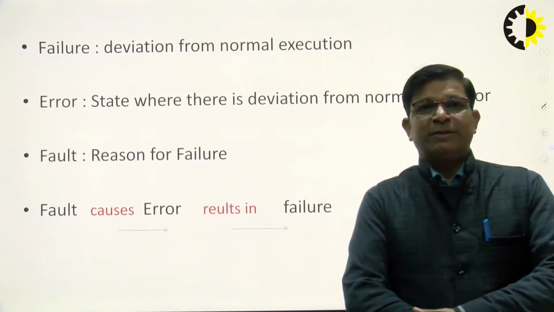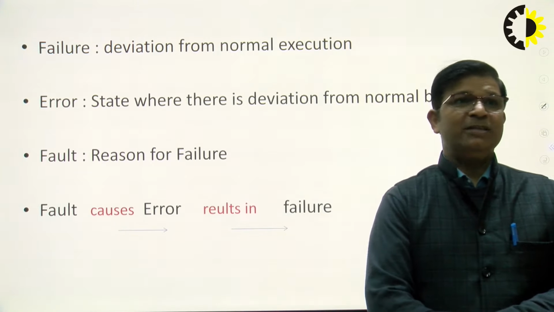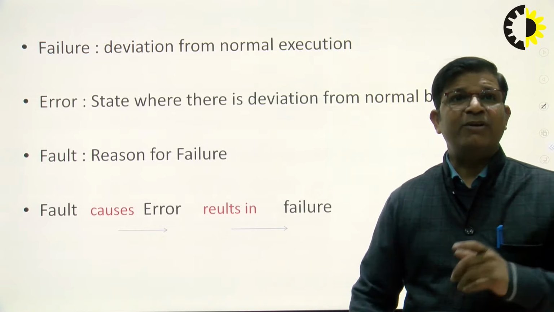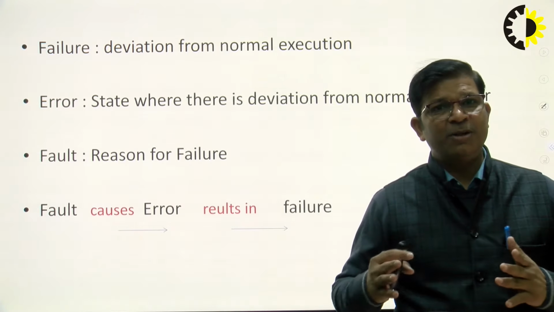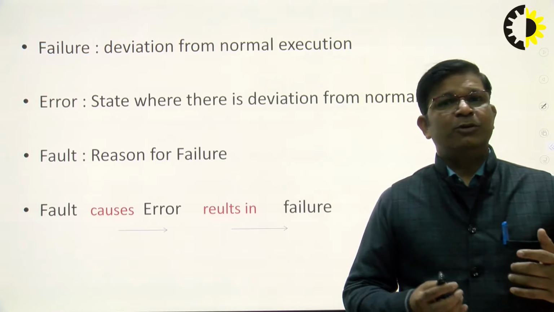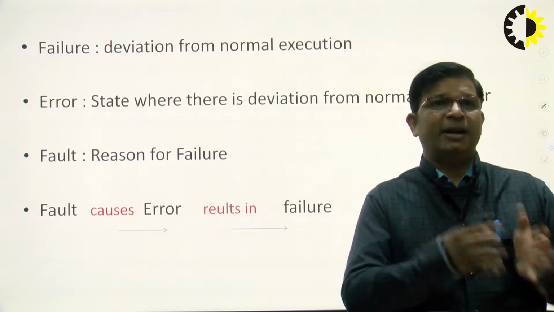To start with the recovery system, we all know what is failure, what is error, what is fault. Failure is a deviation from normal execution. It means if the normal operation is that we are inserting some command or deleting something, it will not delete; it will deviate from our current operation.